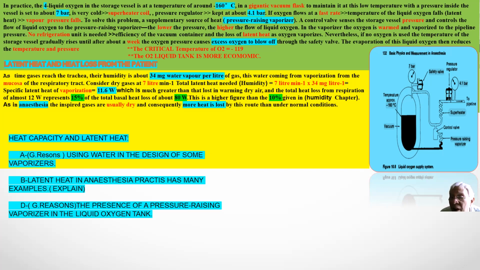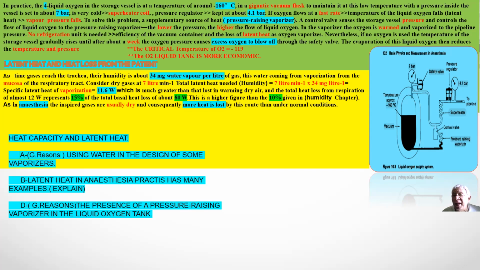This pressure raising vaporizer senses the temperature and the pressure inside the system. It is capable of taking more liquid oxygen, heating it and giving it back to the system, in addition to what is coming from the upper part of the tank, to compensate for the increased takeoff of oxygen. So this is a compensation.